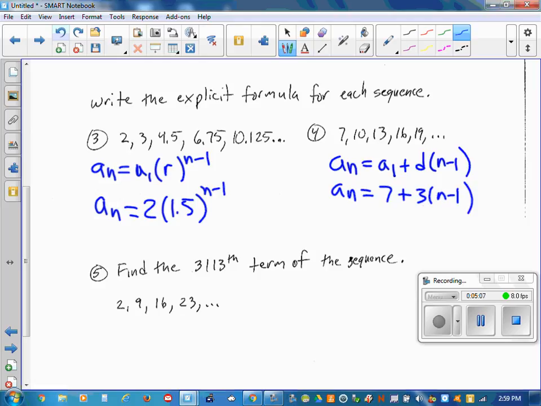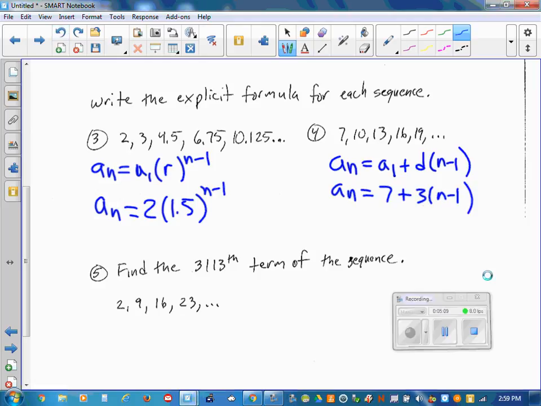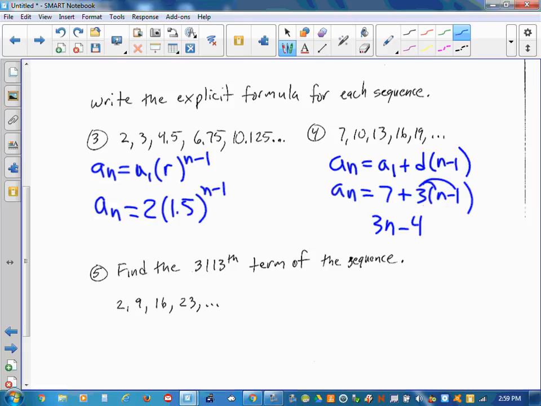Now, we can also simplify that by distributing the 3. So that'd be 3n, and then minus 3 from the 7 would be 4, plus 4. All right, so either answer works, right? Either one of these works. It's just that the second one is the simplified one.